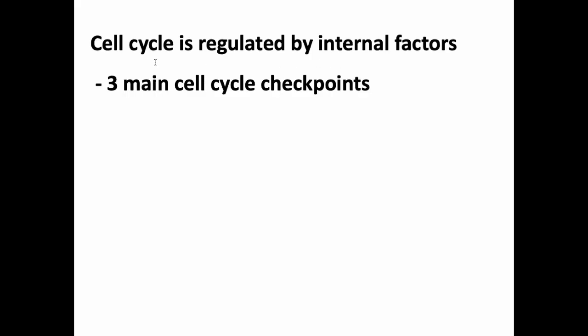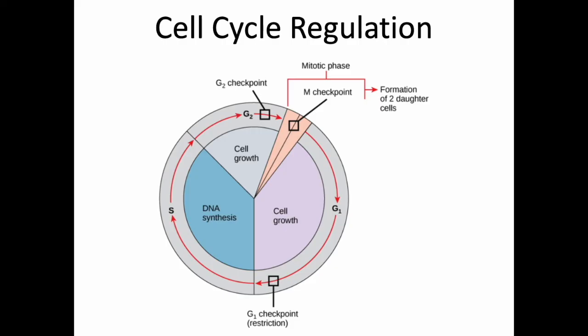So the cell has sort of internal checkpoints like, pause, am I ready to go forward? Should I continue? The cell checks itself at 3 main points. So there are 3 main cell cycle checkpoints, which are shown on this figure. So very similar to the last one, but this is showing the checkpoints here.